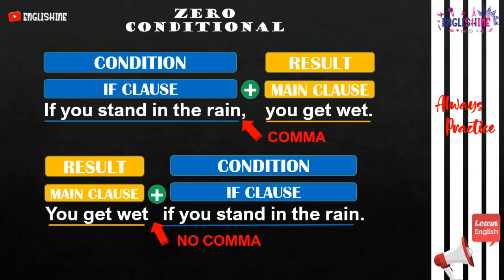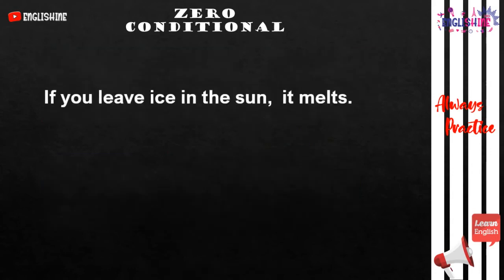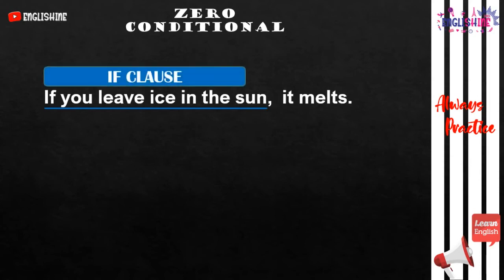Note that you can use the sentence either with a comma or without a comma, but the most important thing is following the pattern. Let's change the order of the examples we have already seen. If you leave ice in the sun, it melts. If you leave ice in the sun is the if clause.